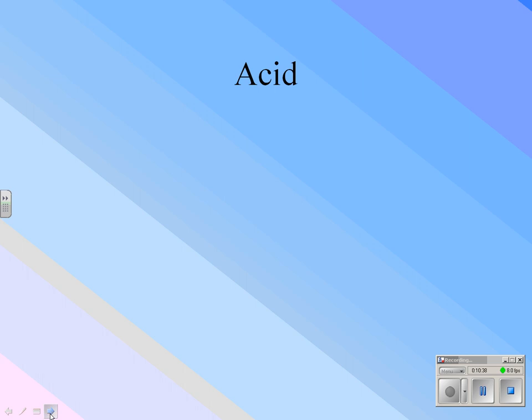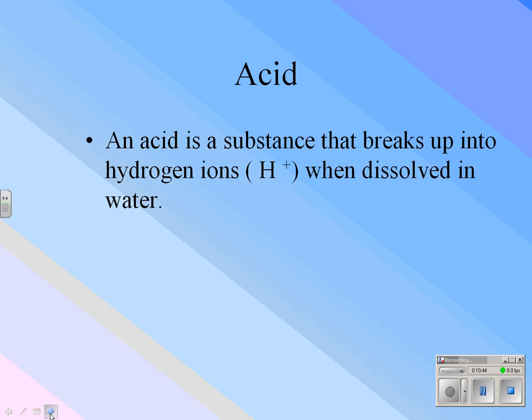Okay, along with that is the concept of acids. An acid is a substance that breaks up into hydrogen ions when dissolved in water. So you take something and dump it into water, and it is broken apart and releases a bunch of things called hydrogen ions.